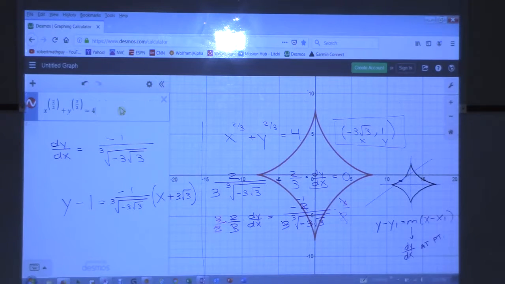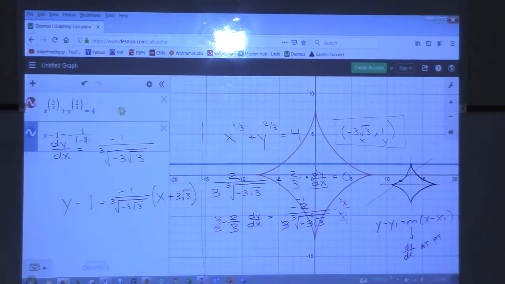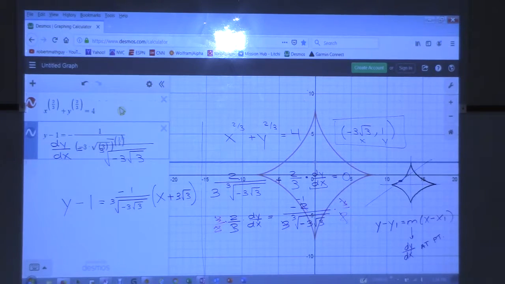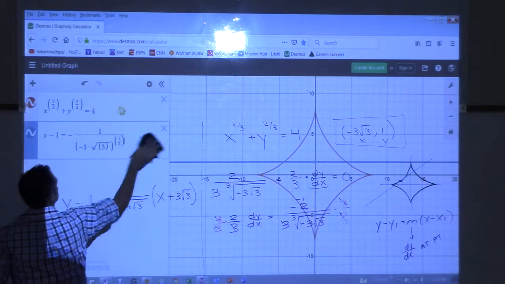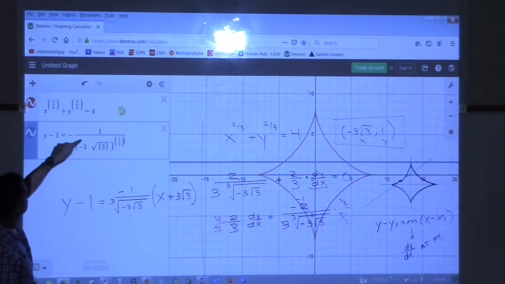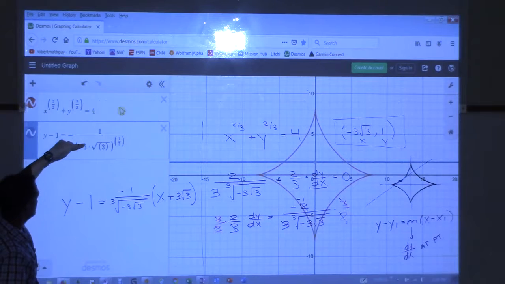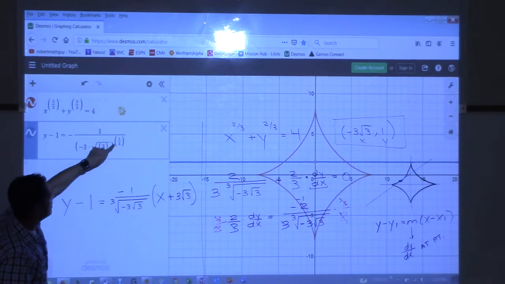And now I'm going to type in the equation of the line we just came up with. So y minus 1 equals, the slope was -1 over -3 times the square root of 3, but then I'm going to take all of that and raise it to the 1/3, which is the cube root.